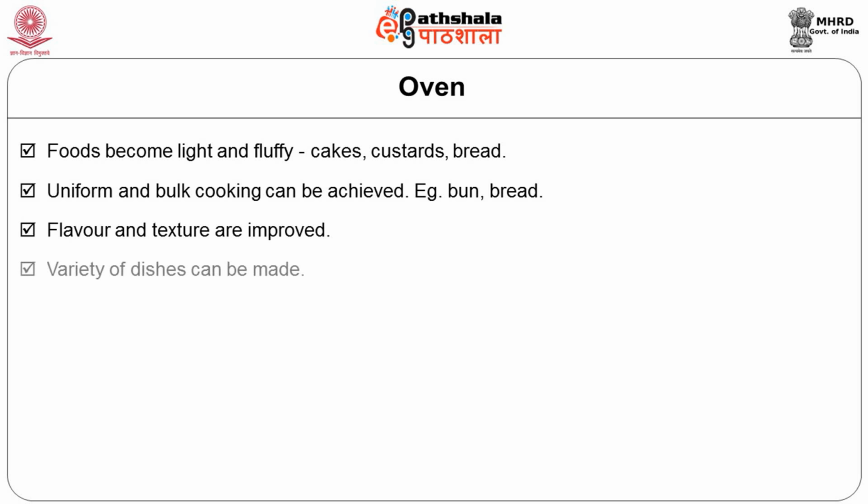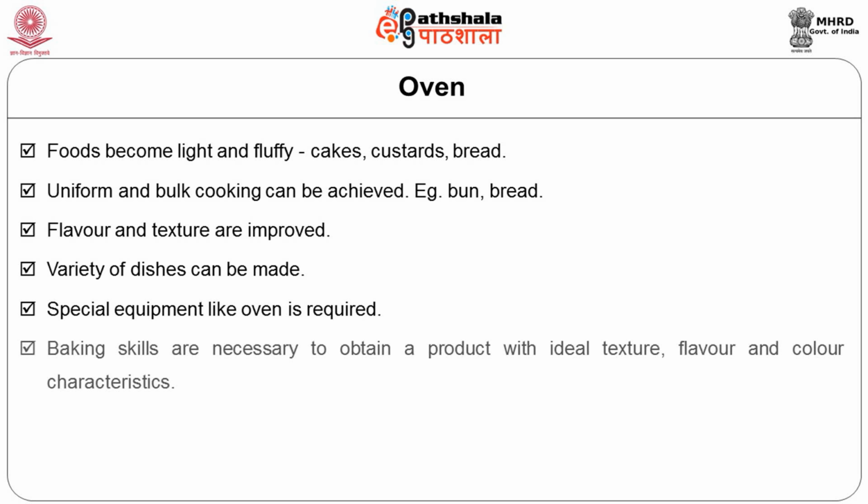Flavor and texture are improved. A variety of dishes can be made, but special equipment like an oven is required, and of course baking skills are necessary to obtain a product with ideal texture, flavor and color characteristics. Careful monitoring is needed to prevent scorching.